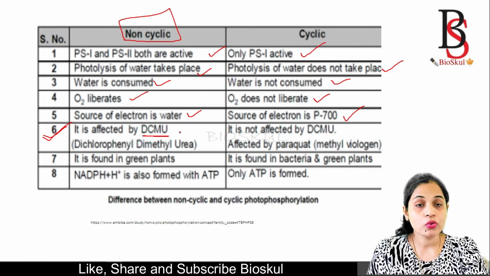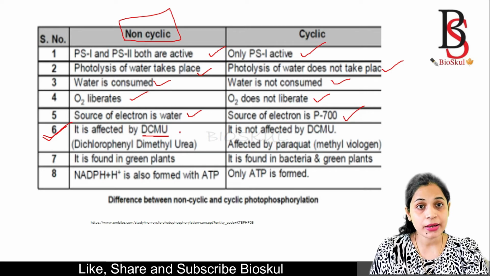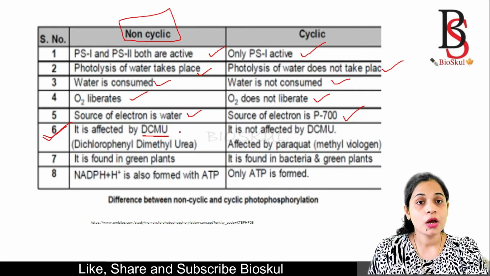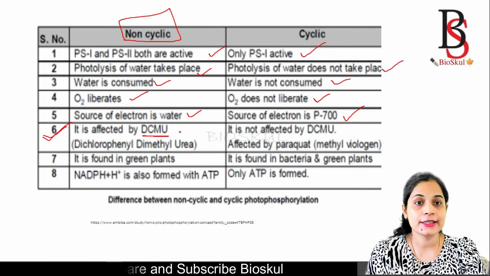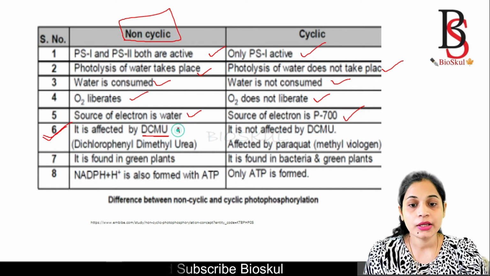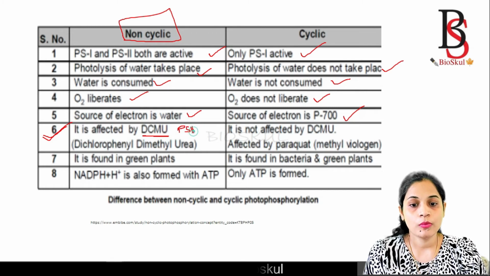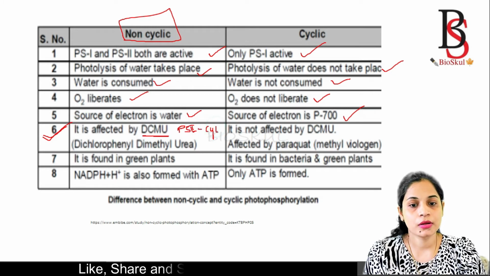So DCMU inhibits the flow of electron from photosystem 2 to cytochrome B6F.